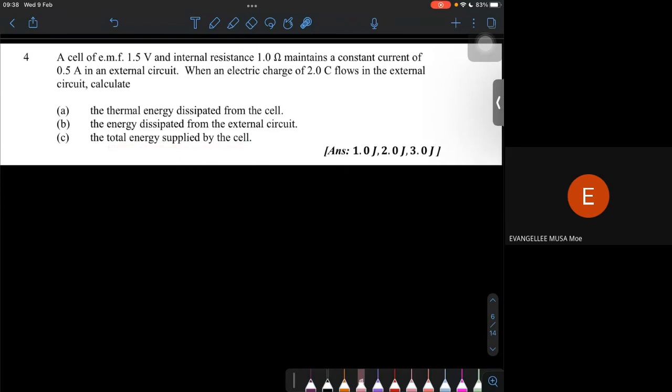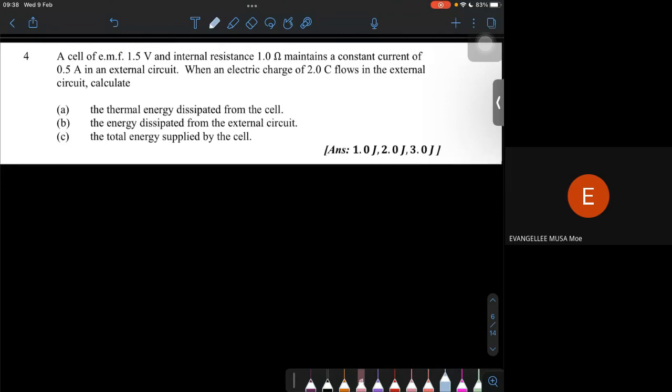So here we have EMF, kita ada EMF 1.5 volt, and then internal resistance 1 ohm, and then a constant current of 0.5 ampere. And then we are also given an electric charge, so value for Q, 2 coulomb.